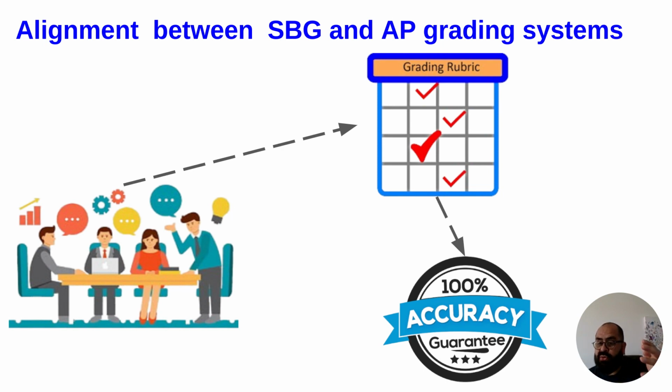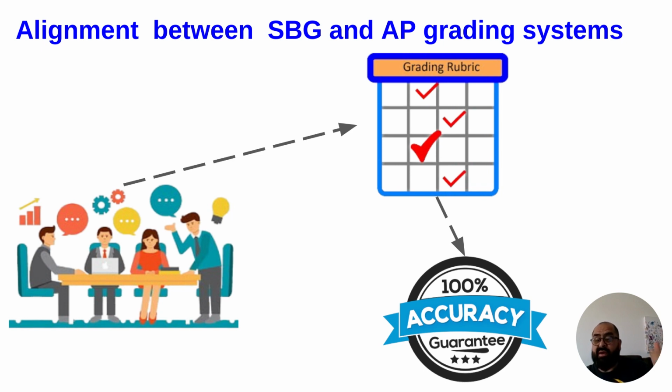Number 4, ensuring AP exam readiness. Regularly assess a student's readiness for the AP using both standard-based grading and traditional AP style assessment. One of the examples that I would like to share with you is to use past AP exam questions that can be found on College Board in practice tests and score them using both systems: the traditional rubrics used by AP College Board, and the unified rubrics using standard-based grading.